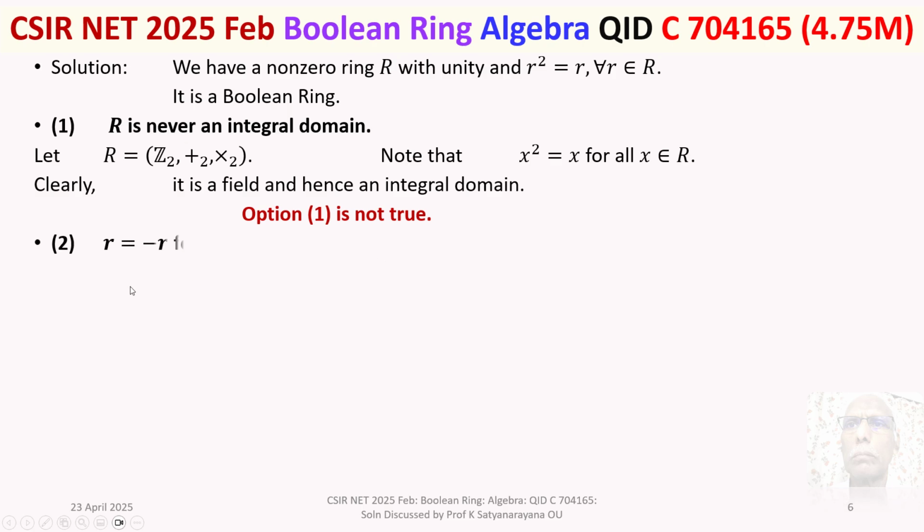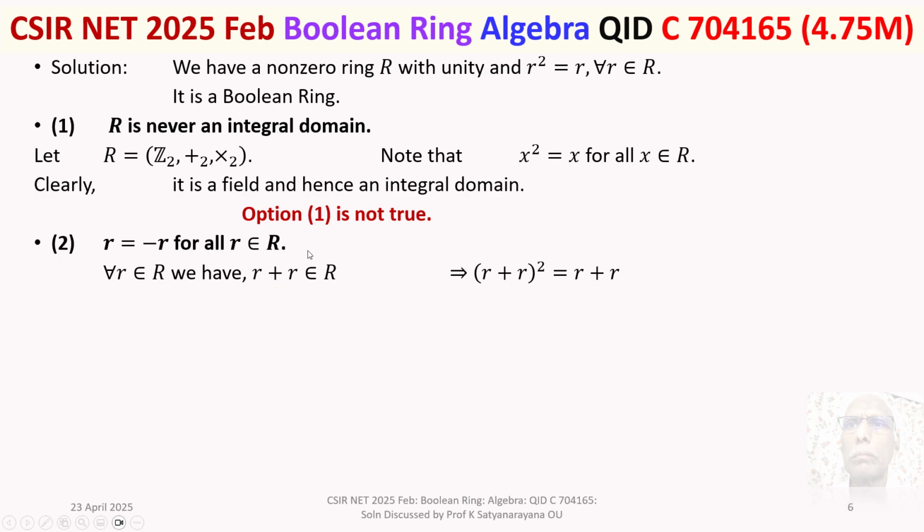We go to option 2. r is equal to minus r for all r belongs to R. Now we see for all r belongs to R, we have r plus r belongs to R because it is closed under addition.